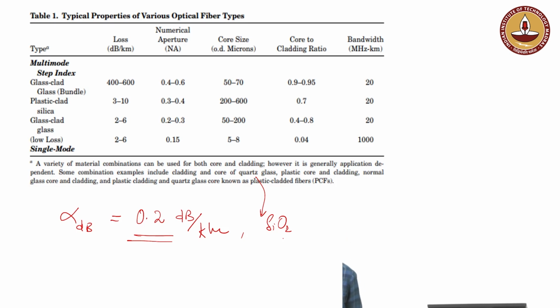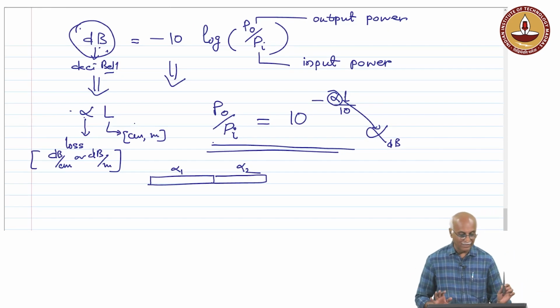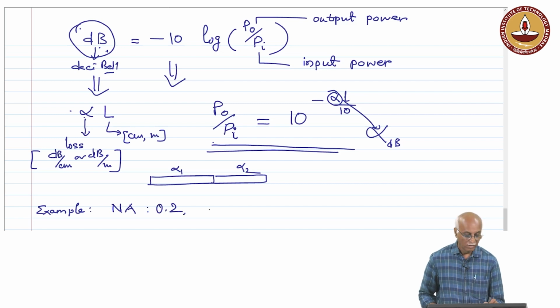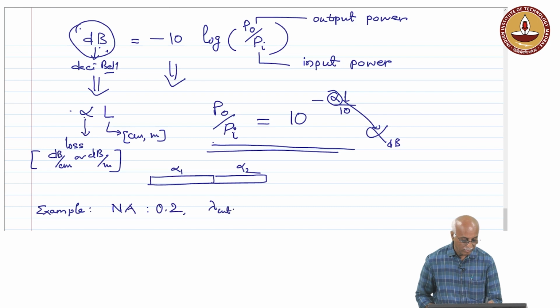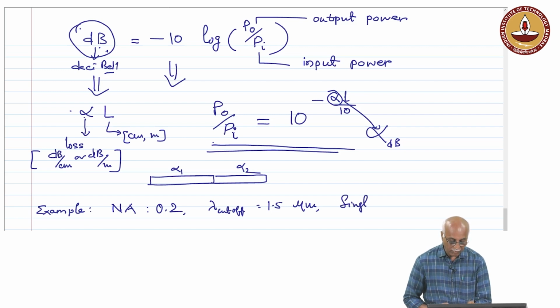Are you understanding the problem? What is the lambda? Lambda value is 1.5 micrometer. I am giving you the numerical aperture directly, 0.2. The cutoff wavelength is the wavelength for which I want the optical fiber with a numerical aperture of 0.2 to be a single mode fiber.